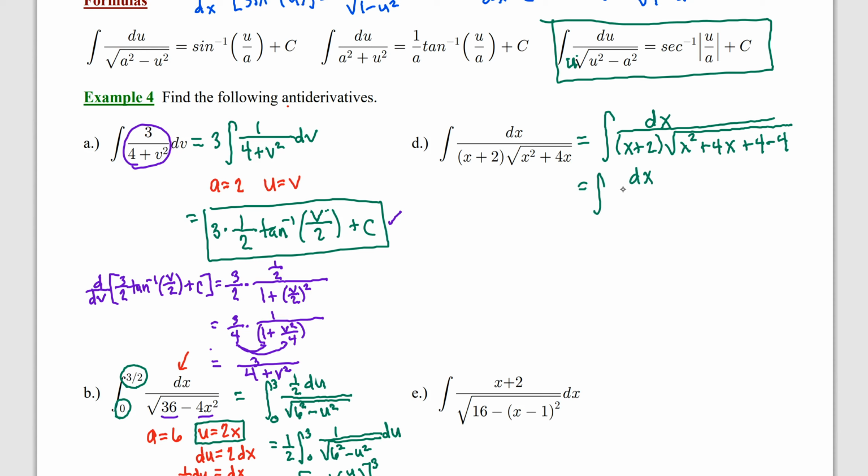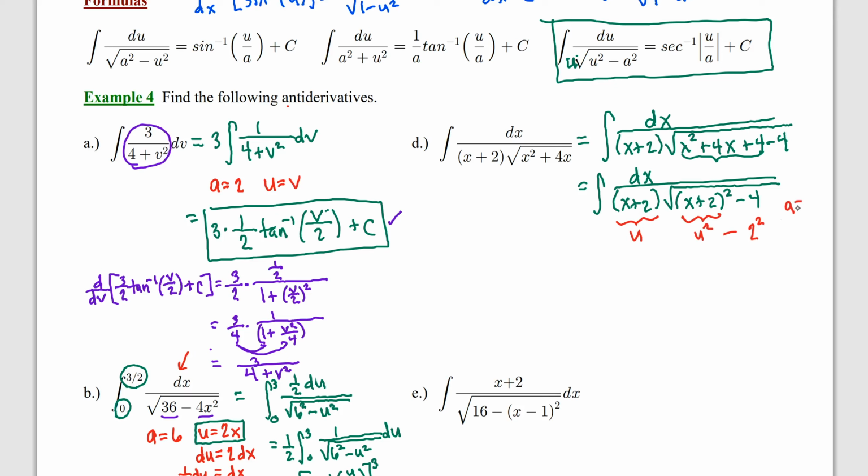Now, why would I do that? Well, I now have a perfect square trinomial right here that I can factor. So we have the square root of x plus 2 quantity squared minus 4. Now we have the pattern of a function of x out here that we're going to call u. We've got u squared right here minus a constant squared.